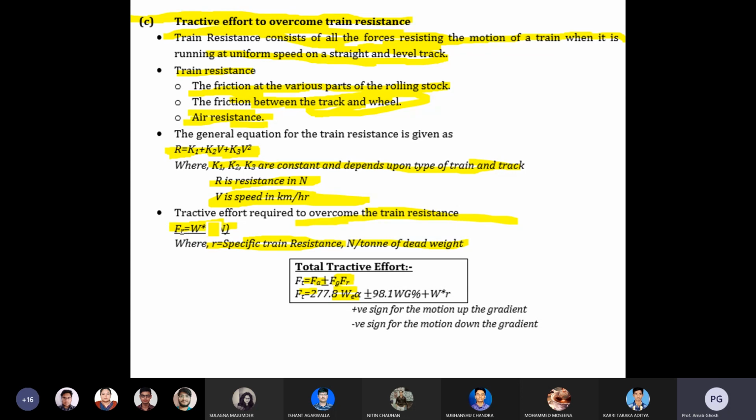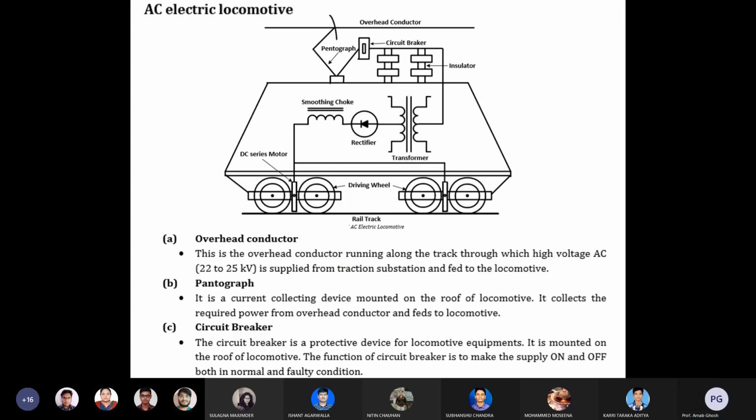Here R equals K1 plus K2 V plus K3 V square. The positive sign is for motion up the gradient and the negative sign is for motion down the gradient, that means inclined up and inclined down conditions. You can specify it in this manner.